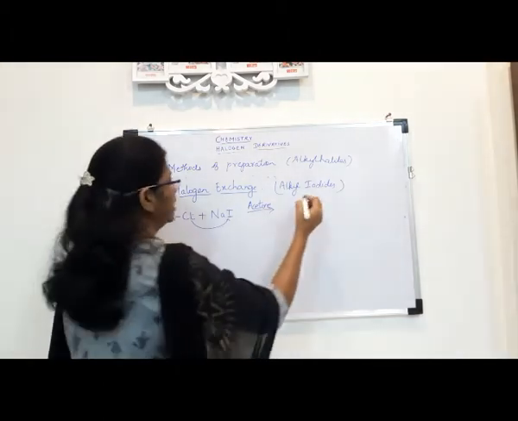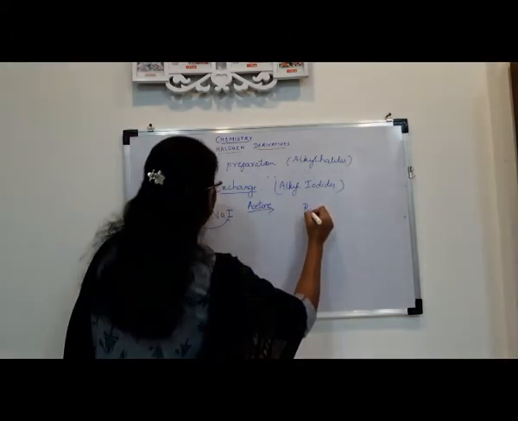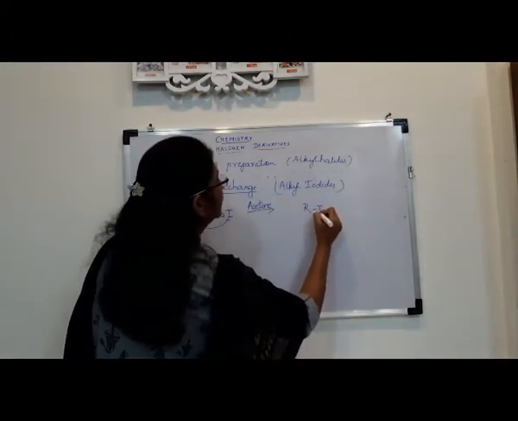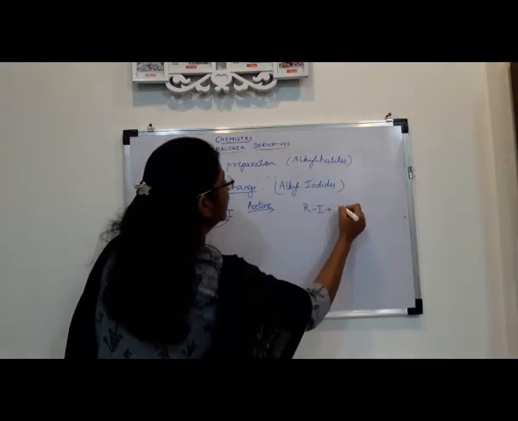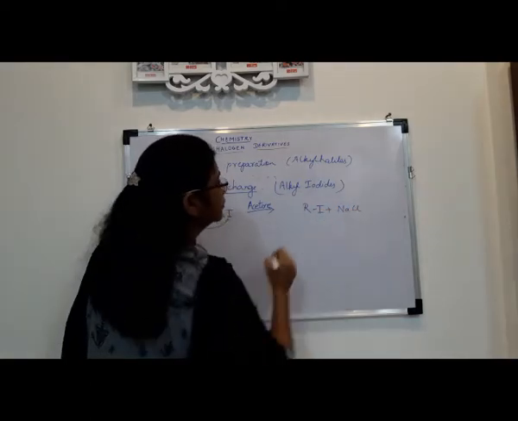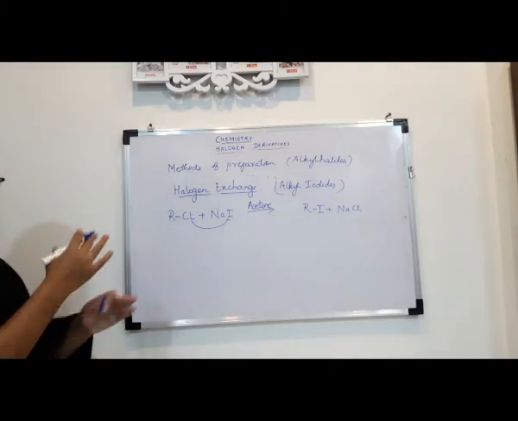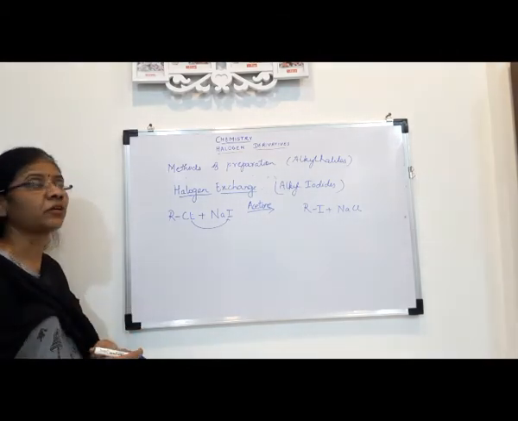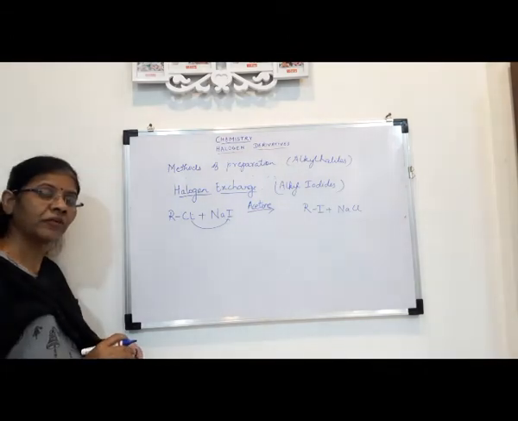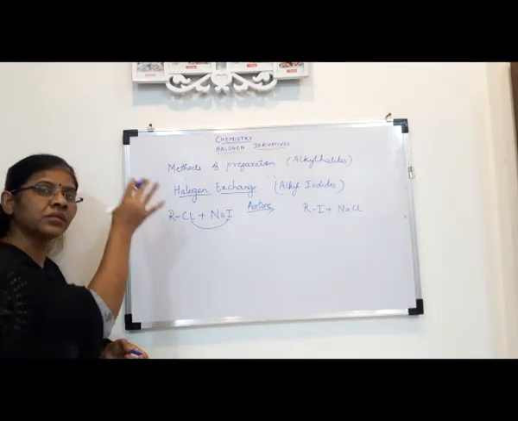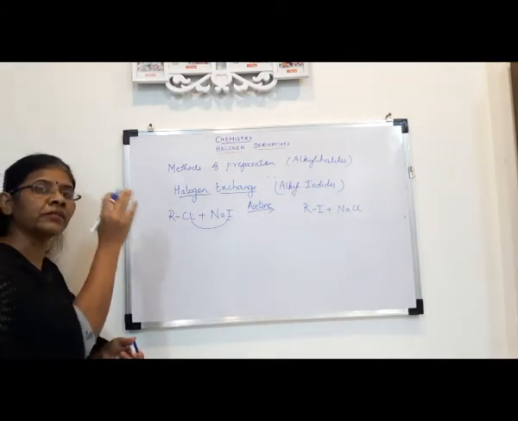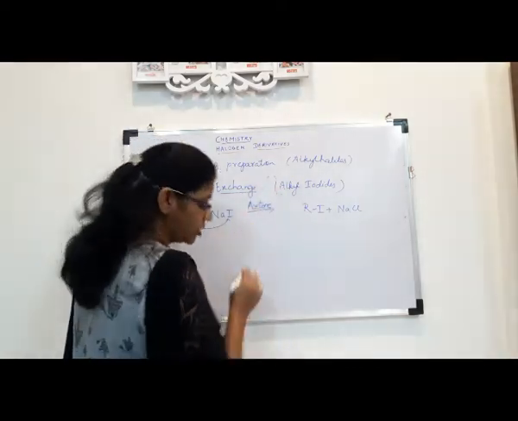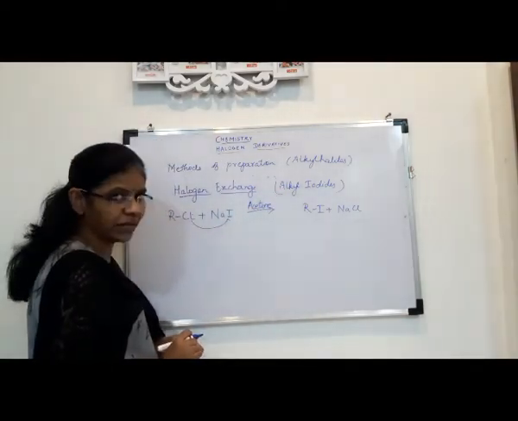All right. And what will you obtain? RI plus NaCl. So simply there is an exchange of the halogens. Simple exchange of halogen atoms. Did you get it? And this is the most economical, most convenient method for the preparation of alkyl iodide.